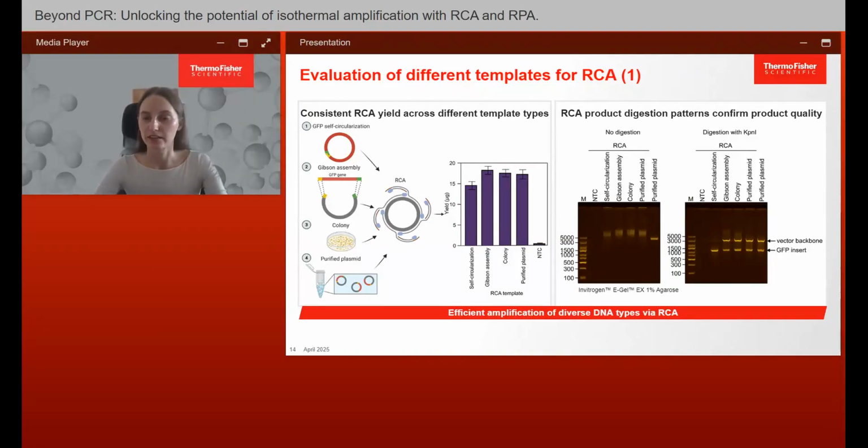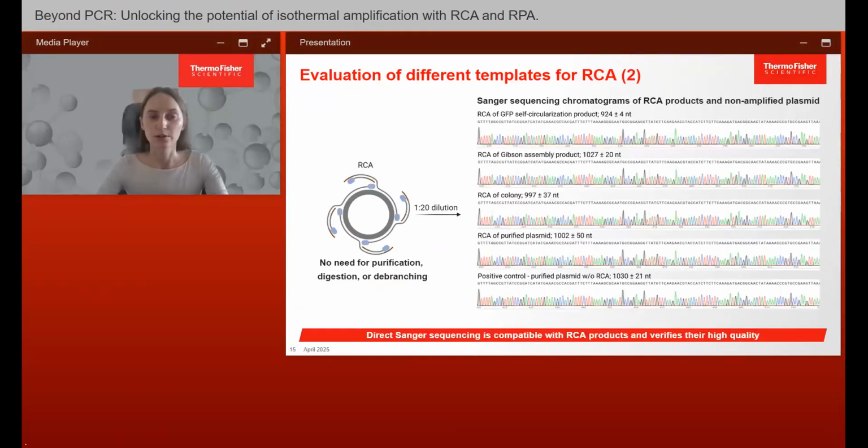But note that RCA product generated from self-circularization template showed only a single GFP insert band because the vector backbone is not used in self-circularization reaction. So overall, these results confirm that RCA enables high-yield DNA amplification from a wide range of starting materials, whether it's Gibson assemblies, self-circularized products, and even bacterial cells.